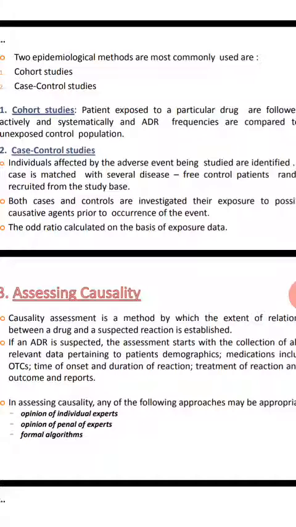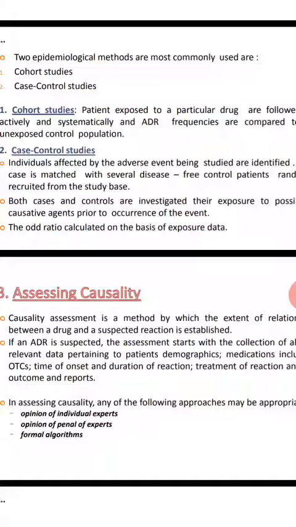You don't yet know that the particular ADR results from the drug. Your event of interest is already known; maybe skin rashes, maybe liver toxicity, maybe hyperglycemia, maybe pulmonary fibrosis, or maybe cardiotoxicity. Whatever it is, you already know that a particular event of interest is caused by a particular drug. You collect all the individuals who are suffering from the particular event.